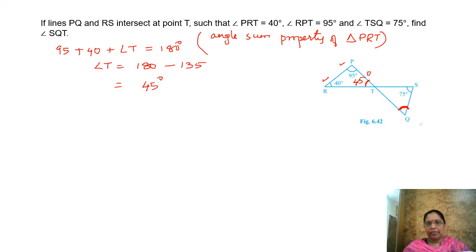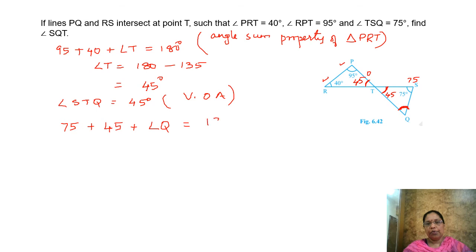Now if this angle is 45, what about this? Angle STQ is also equal to 45. Why? Vertically opposite angles. So you got this angle as 45. Here this angle is 75. Now what about angle Q? How can you write? 75 plus 45 plus angle Q is equal to 180 degree.